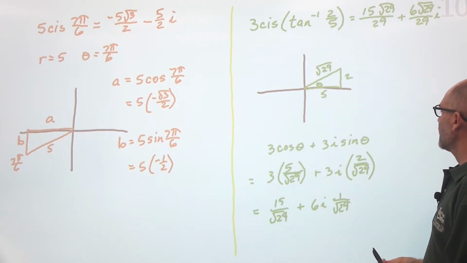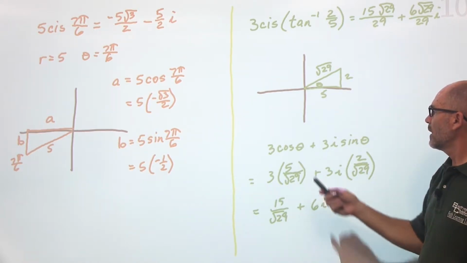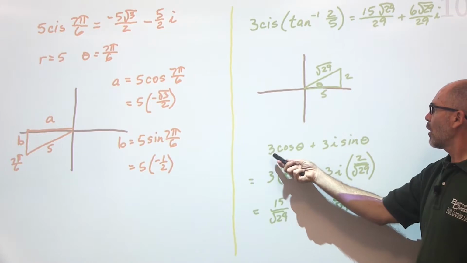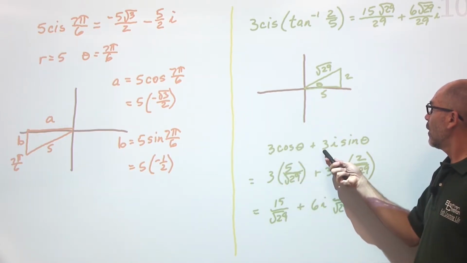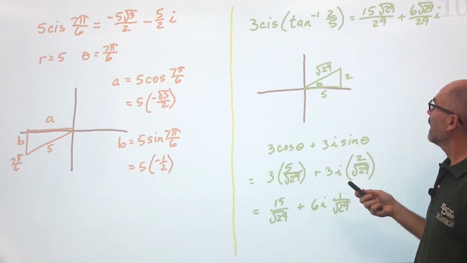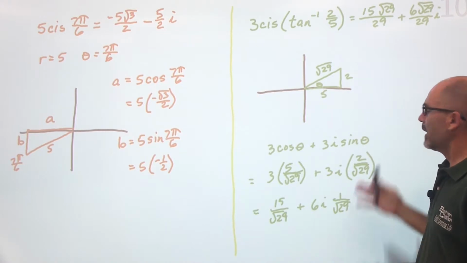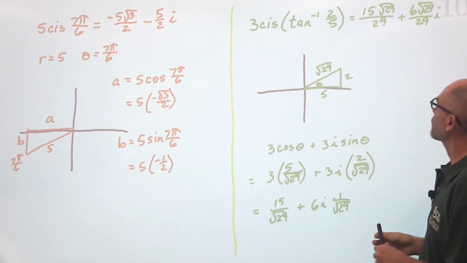And all we did was find the R cosine theta, R sine theta, and bam, that's it.